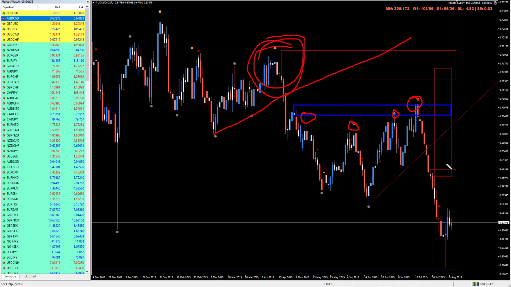Okay, and so we're probably going to get a bounce here, some kind of reaction in here, but I prefer this because of all this price movement in this area, which is essentially consuming liquidity. Also we have this move here, from here down to here.